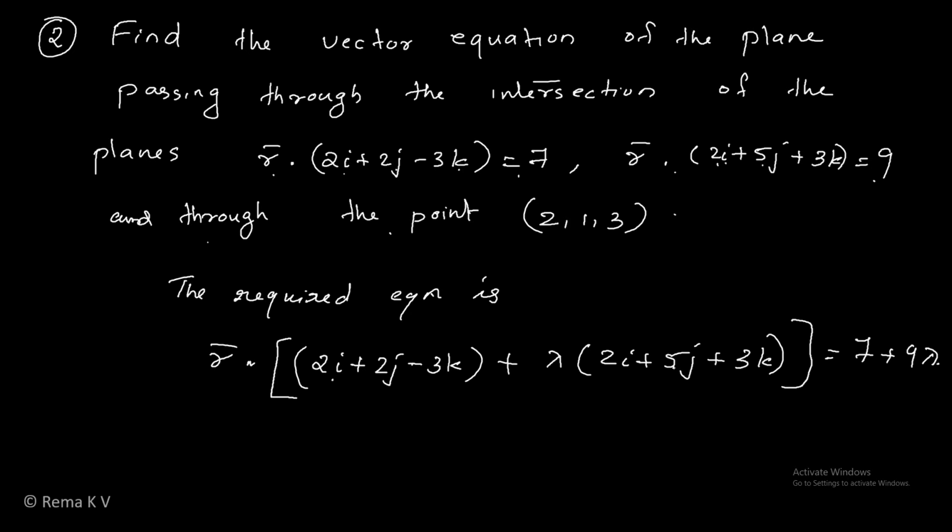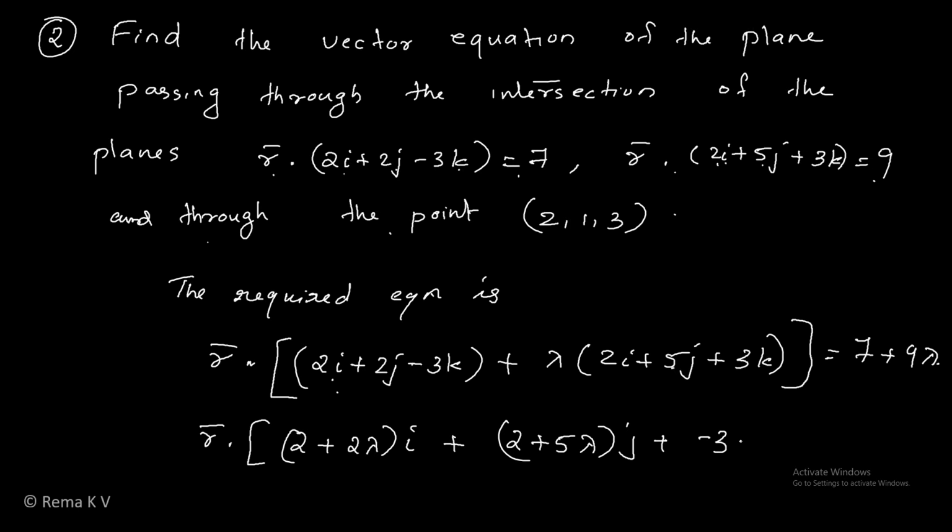Okay, inside this bracket we can group the terms. r dot 2 plus 2 lambda i plus 2 plus 5 lambda j, then plus minus 3 plus 3 lambda k.